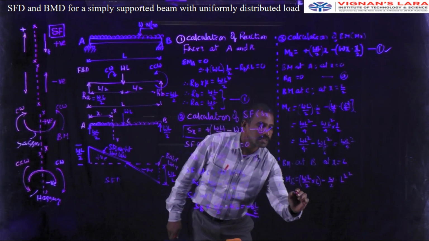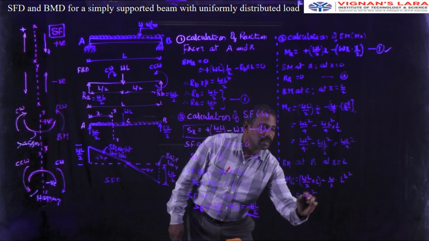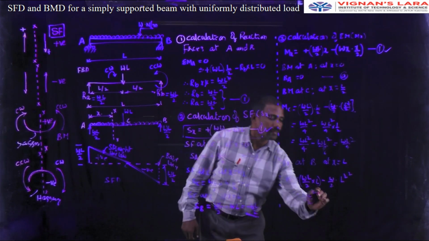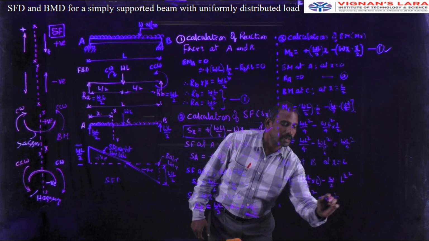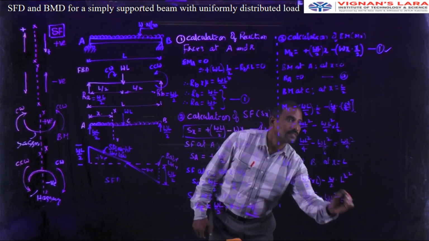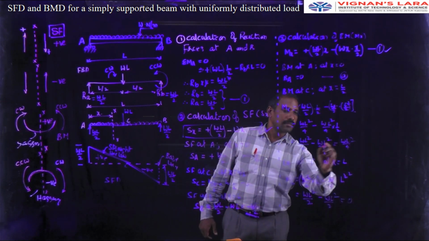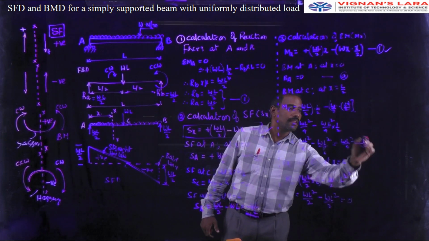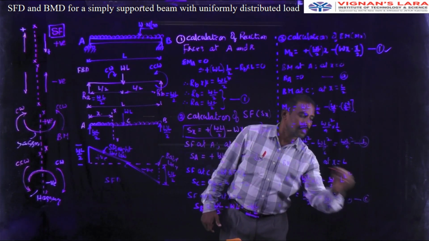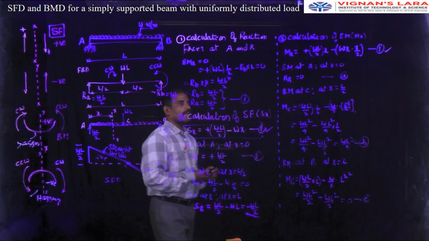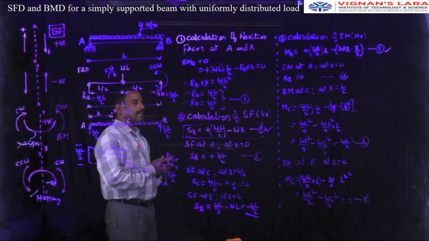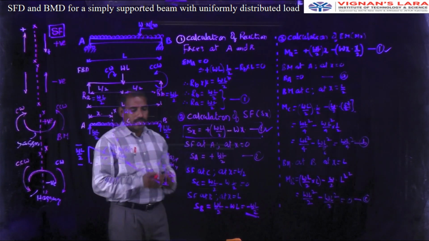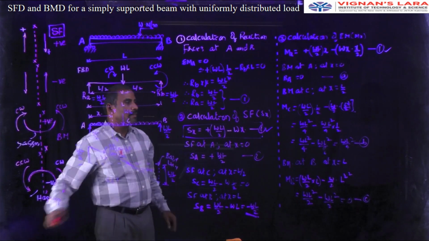So that is equal to WL square by 2 minus WL square by 2, which is equal to 0. So this is B, this is C. From the values at A, B, C, you can plot the bending moment diagram.